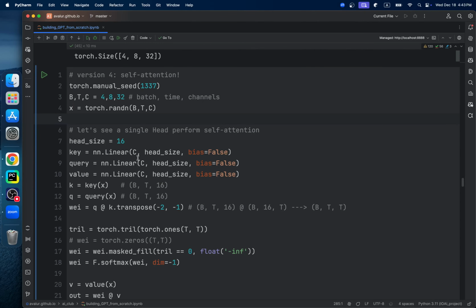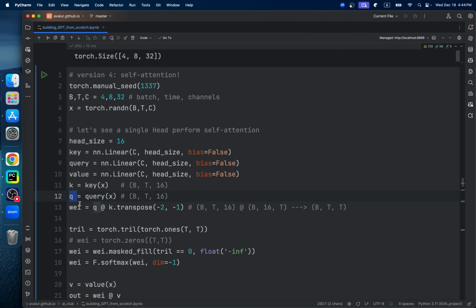We project X, our input, a 3-dimensional tensor with all the characters and their embeddings, from C to 16, the head size. The shape of the result is B times T times 16, and we get 2 new tensors, K for the keys and Q for the queries.